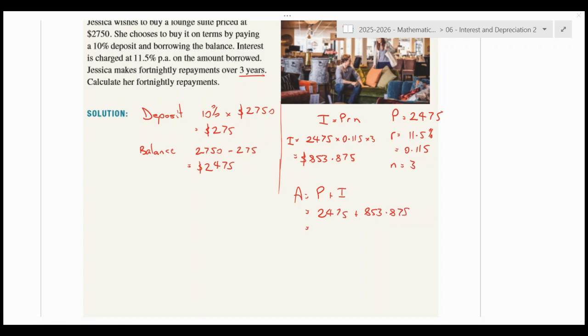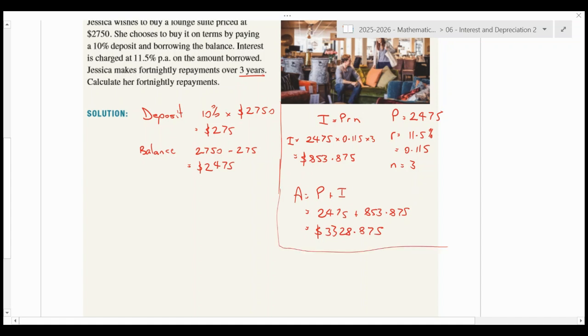I'm using my calculator, obviously. That gives me $3,328.875. All right, so that's the total amount.